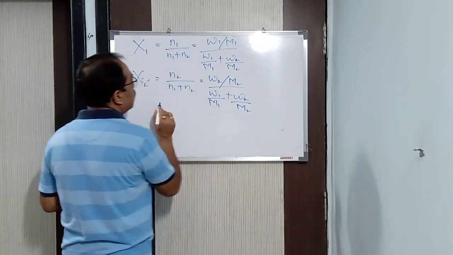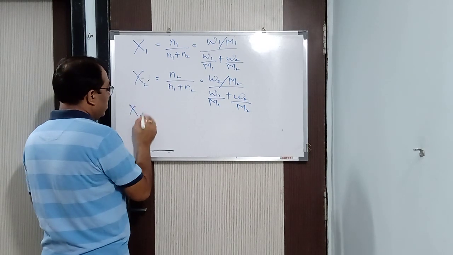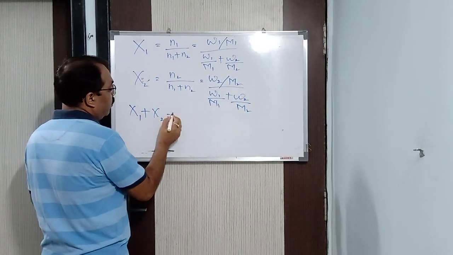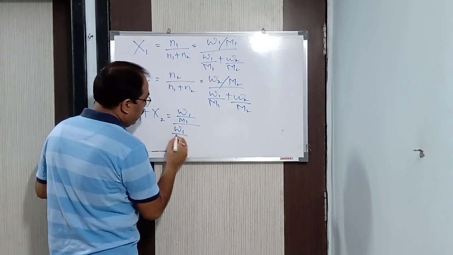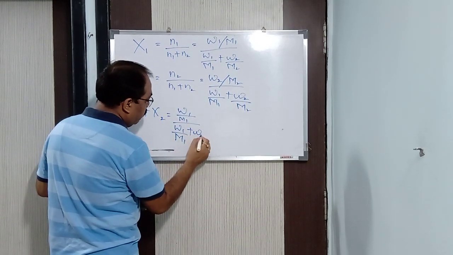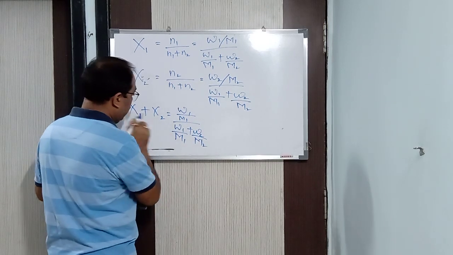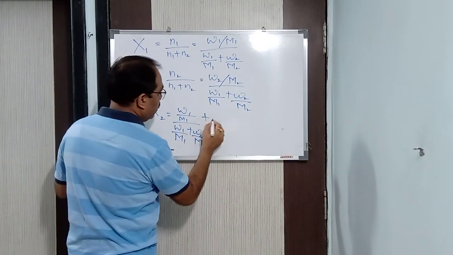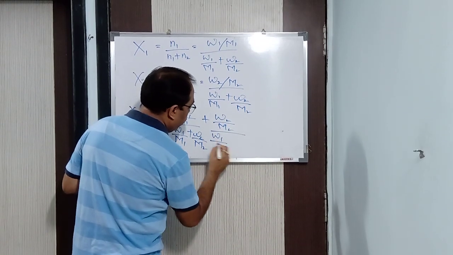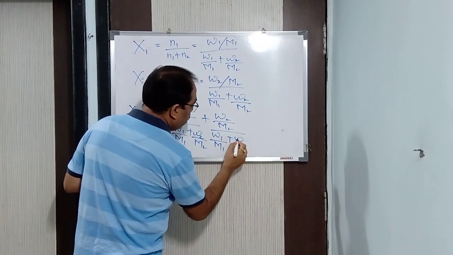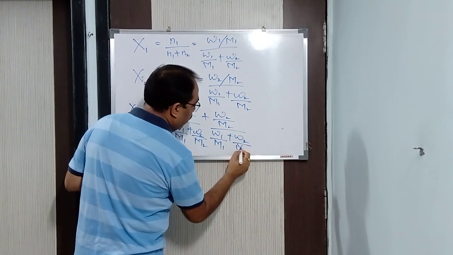Next, if I ask you what is x1 plus x2, what will it be? Let us add: W1 by M1 over W1 by M1 plus W2 by M2, this is your x1, plus W2 by M2 over W1 by M1 plus W2 by M2.